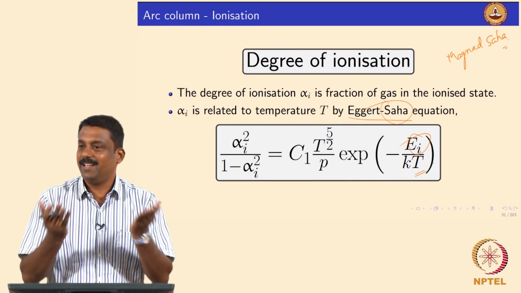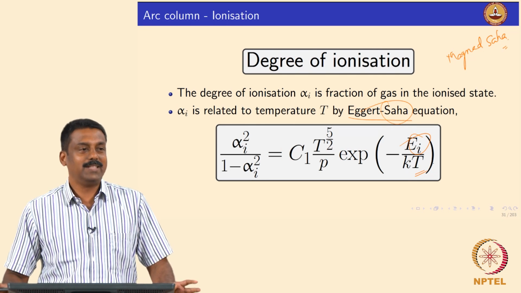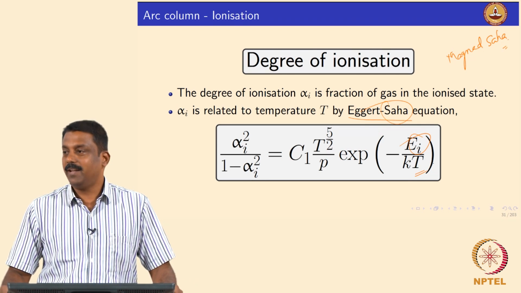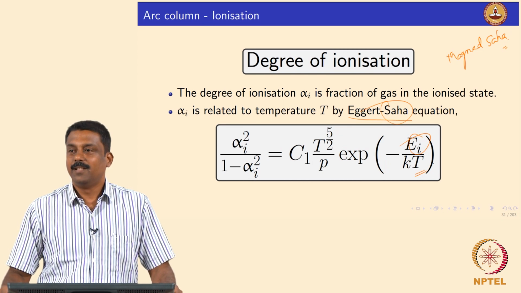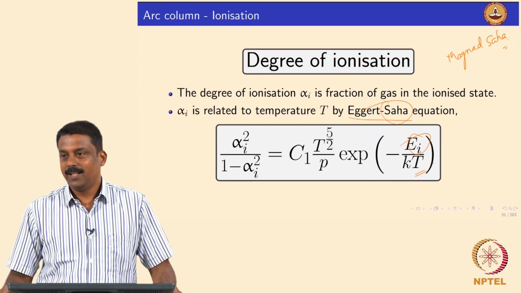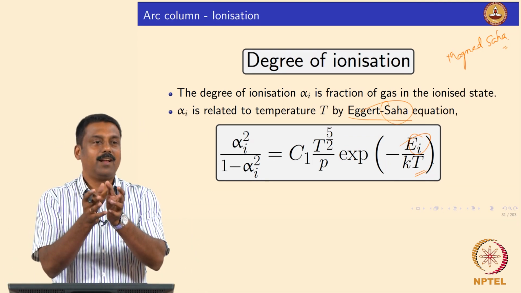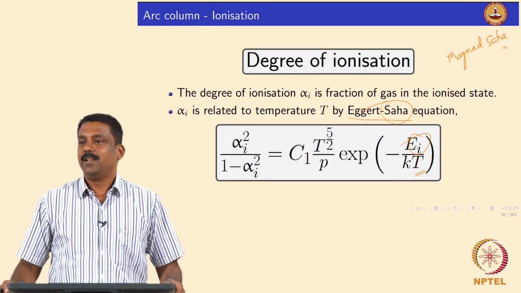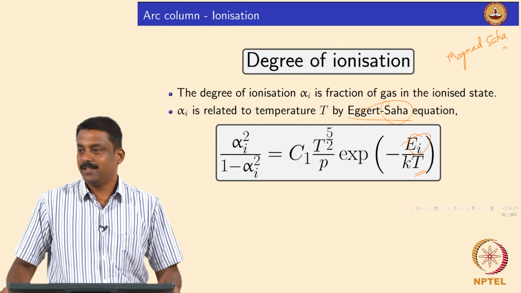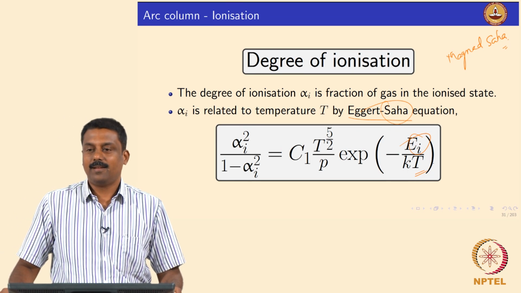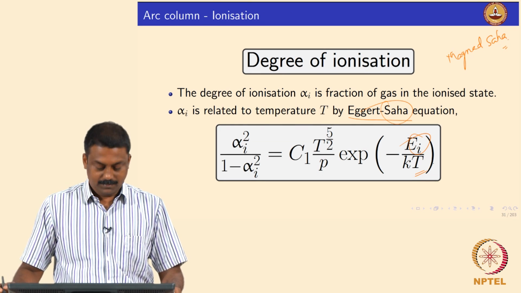If you know what gas you are using and you know the ionization energy, and you get the spectrum, and the spectrum is not constant, it changes from the middle of the arc column to the envelope. If you accurately predict the spectrum, you can calculate the temperature, isn't it, right? It's clear.